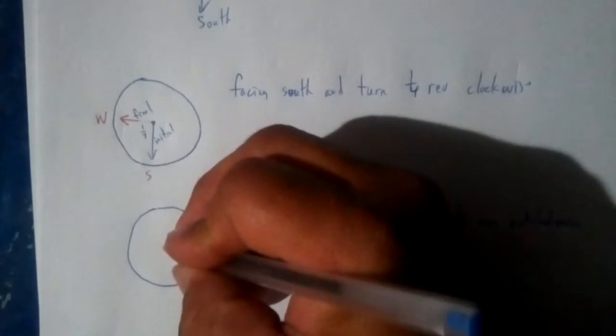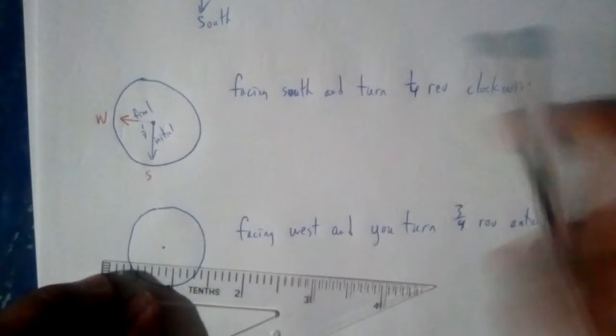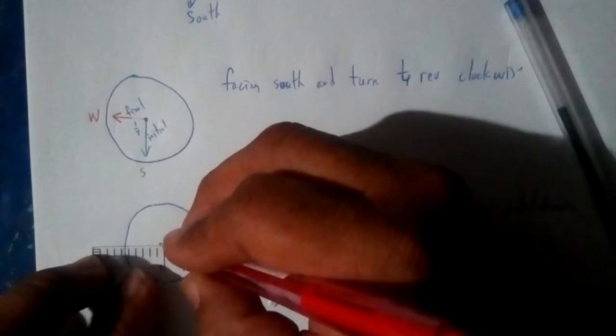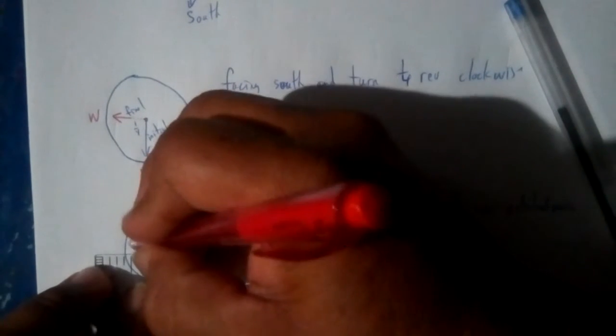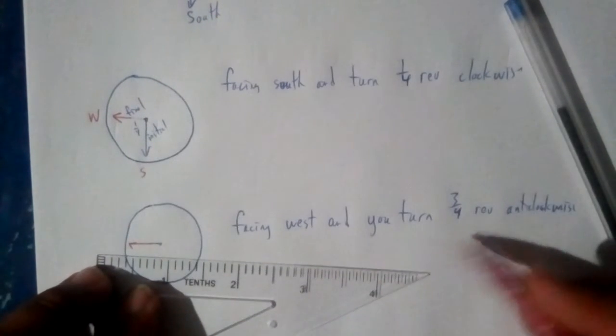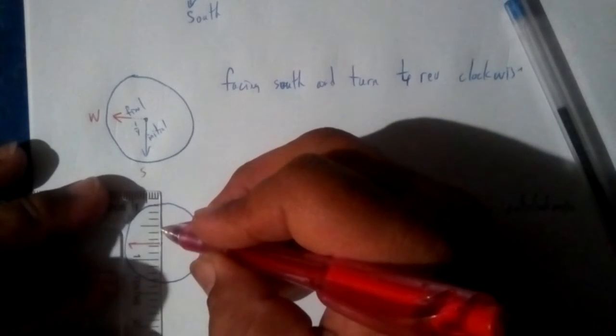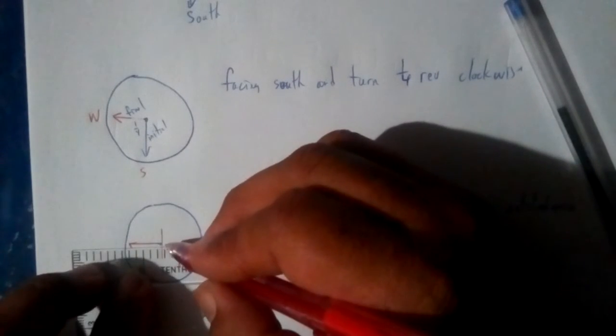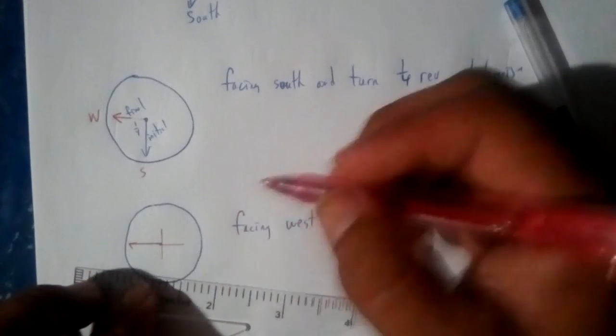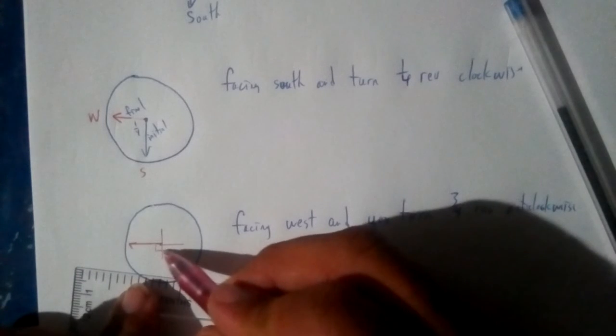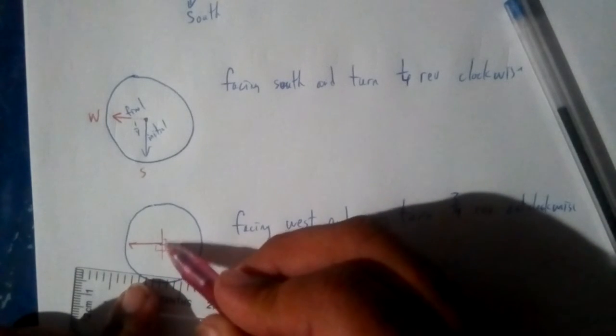Well, let's start. I am facing west, that is in that direction, and I turn 3/4 of a revolution. Now that means I would then turn through all of these directions here. I'm going to draw it this way so you can see each turn. This is a quarter, 2 quarters, 3 quarters.